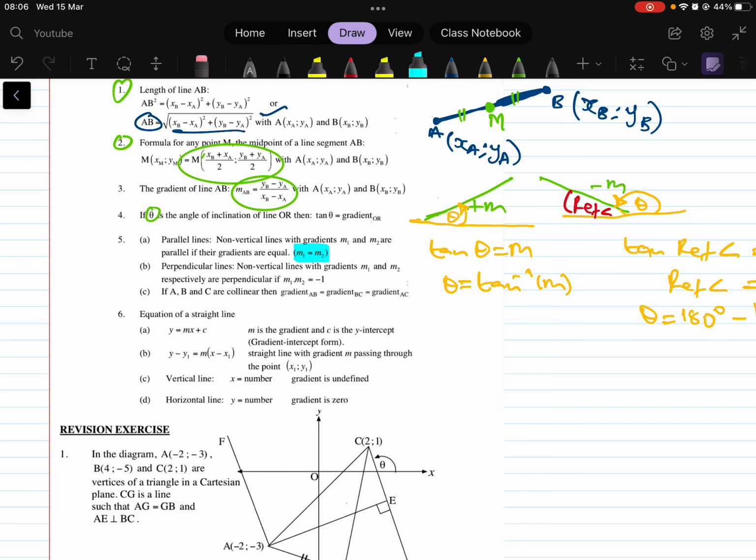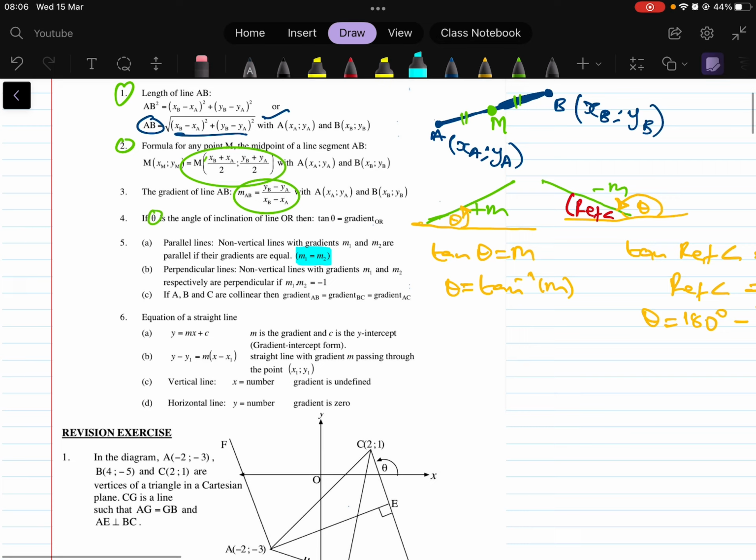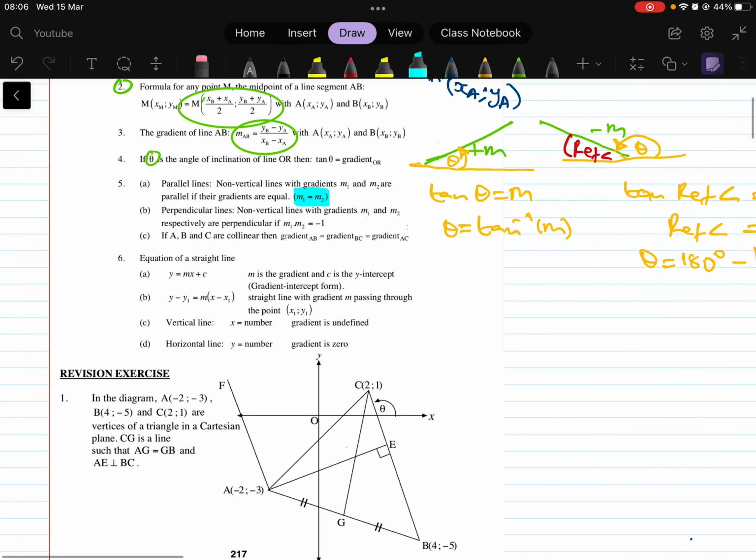For non-vertical lines which are perpendicular to each other, the product of their gradients is equal to -1. We are disregarding vertical lines because they have an undefined gradient, so that is why they are disregarded here.